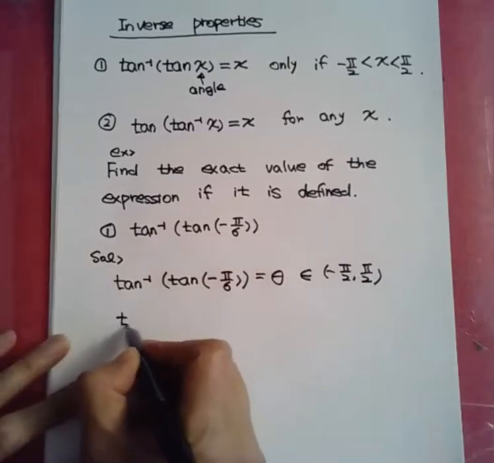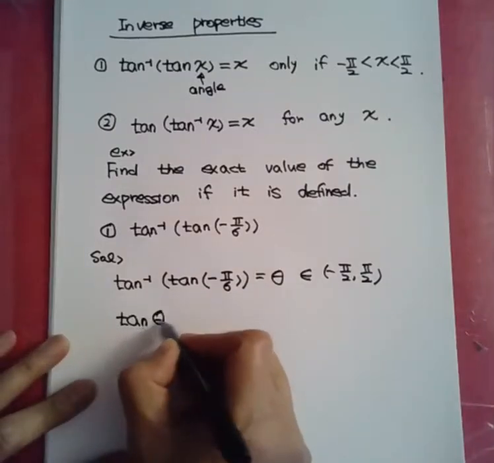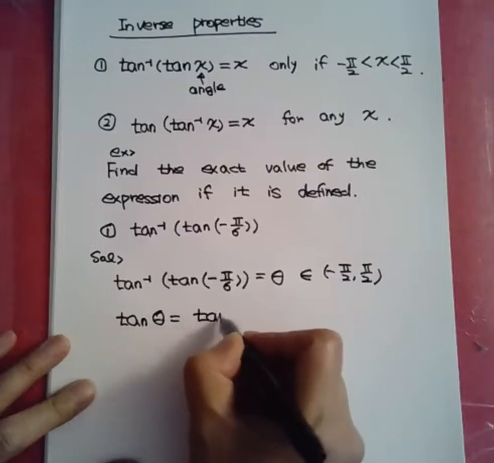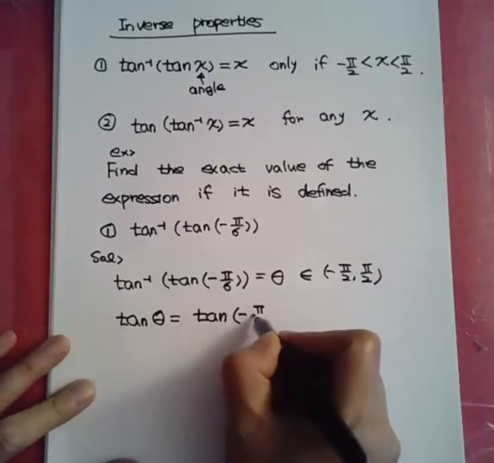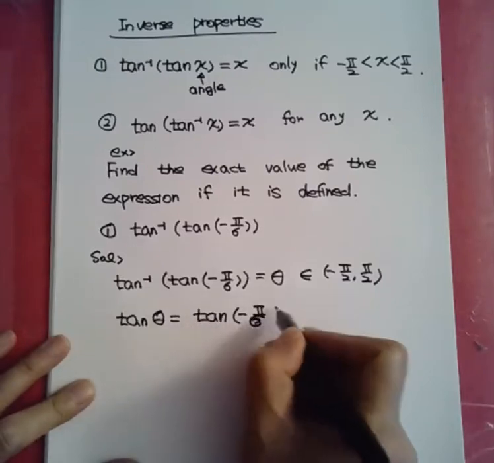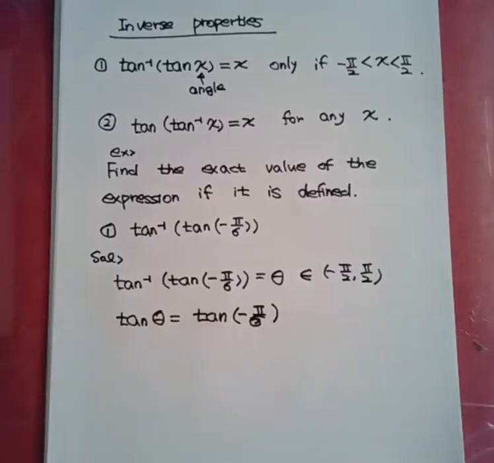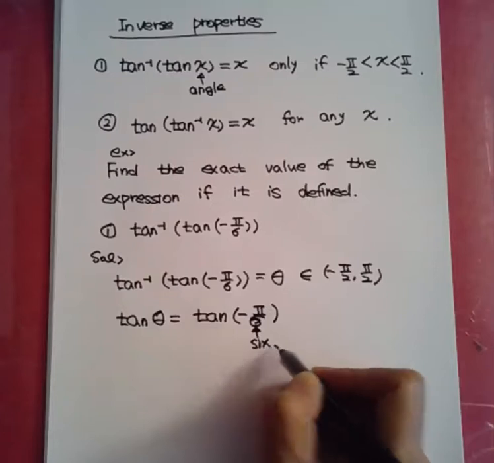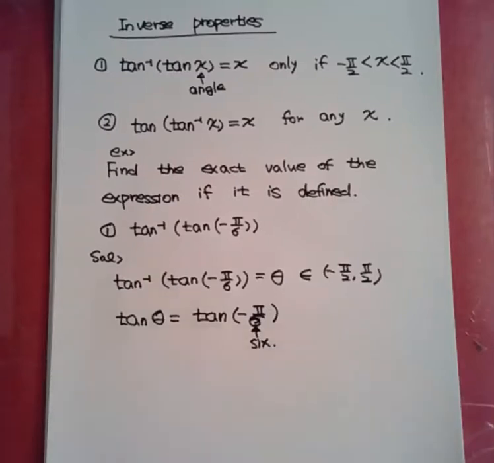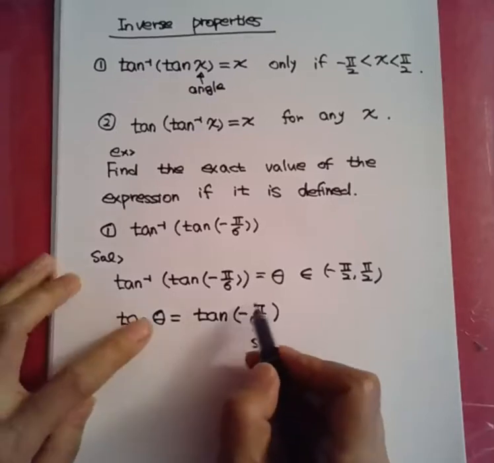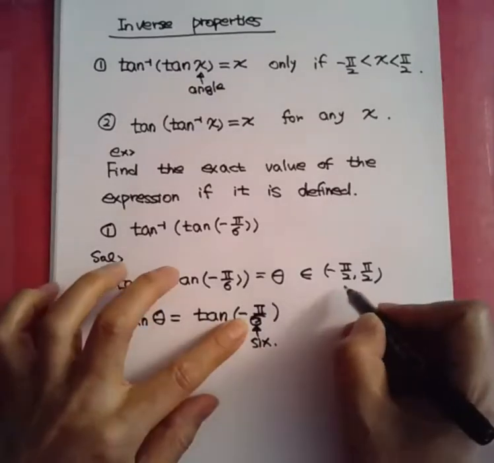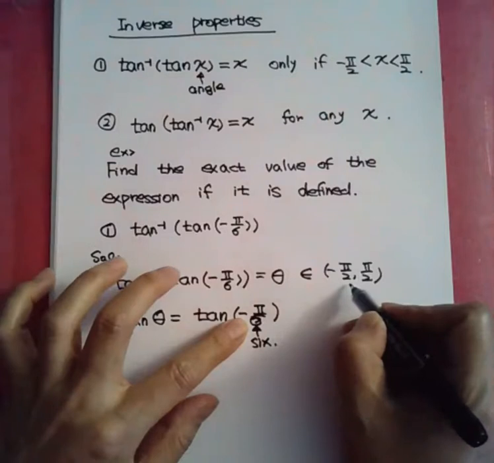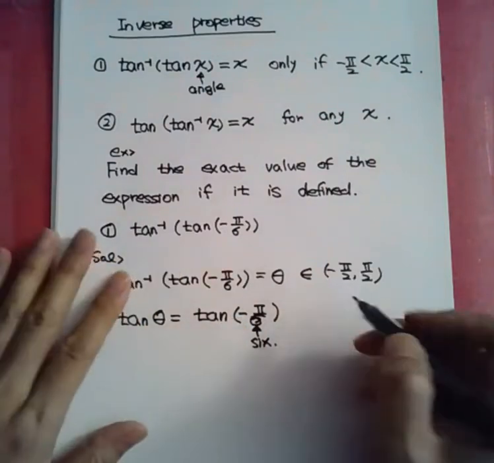That implies tangent of theta equals tangent of minus pi over 6. So what's important here is as long as this angle belongs to this interval, everything is okay.